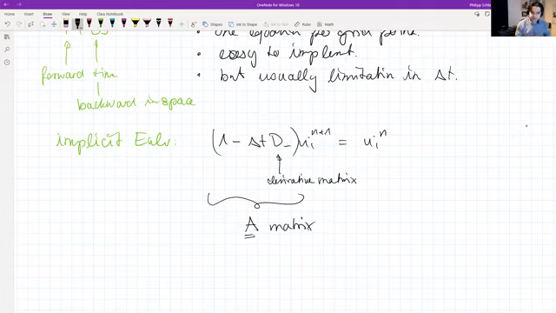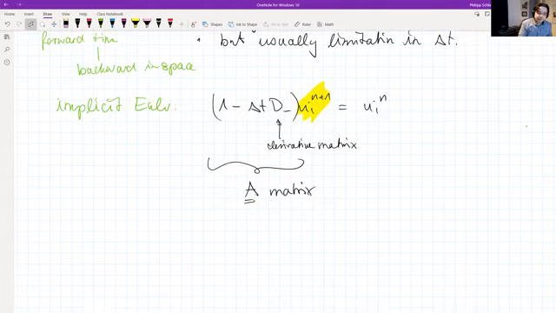Of course, what that means in the end for how to solve this system is that in order to get the solution at the new time level, so the solution at all the spatial indices at the new time level, I actually need to invert this matrix A, so that I get u_i^(n+1) is A inverse times u_i^n. From a practical point of view, this means that I need to solve an equation system at each time step.